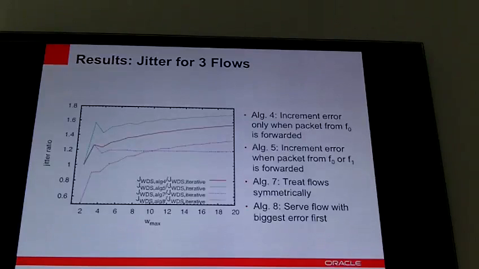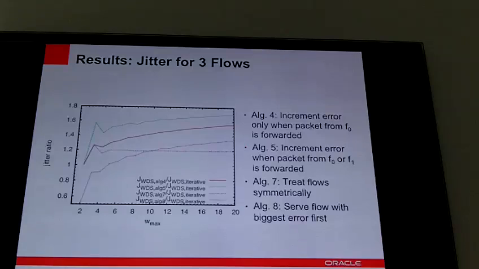Algorithm 7 treats the flows symmetrically. So far, we basically had an asymmetric approach where we always start with flow 0, forward a packet from flow 0, and then see whether we have to forward packets from the other flows. Algorithm 7 visits the flows round robin and doesn't treat flow 0 preferentially.